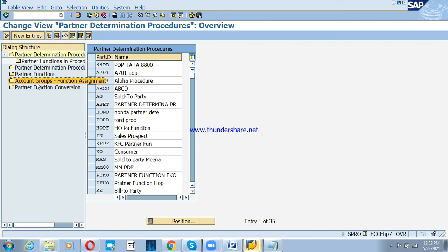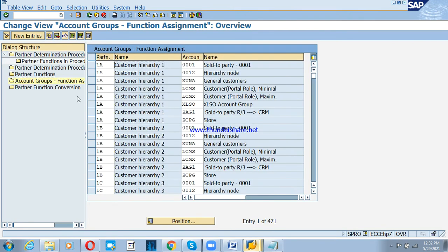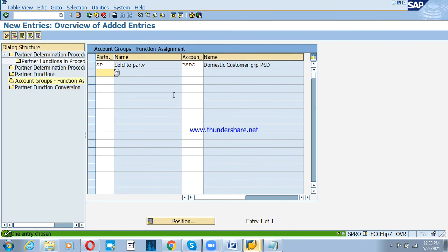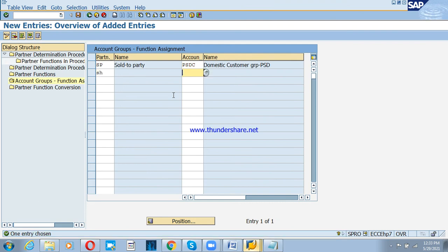Double click on function assignment, and click on new entry. And I need to mention partner function as SP, that is sold to party, and PSDC. Then again ship to party, bill to party, payer.